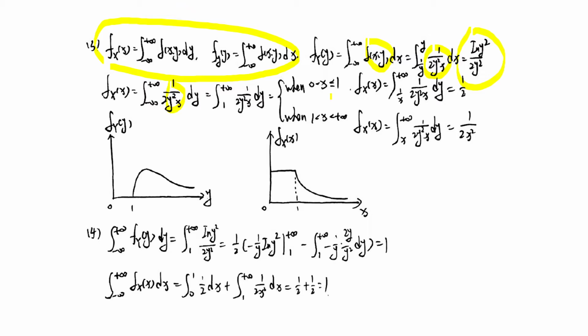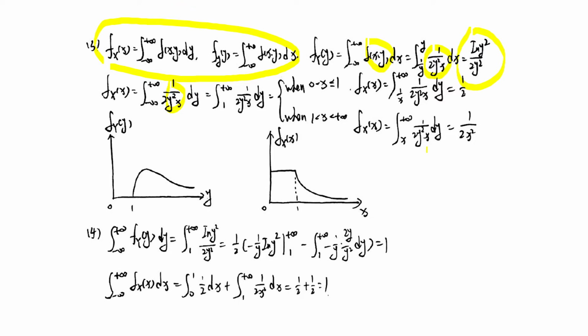The first circumstance is when x is located in the range between 0 to 1, f(x) would be the integration from 1 divided by x to positive infinity here. So after we integrate this part, f(x) would be 1/2. And in the other range of x, when x is located between 1 and positive infinity, f(x) has exactly different upper and lower limits.